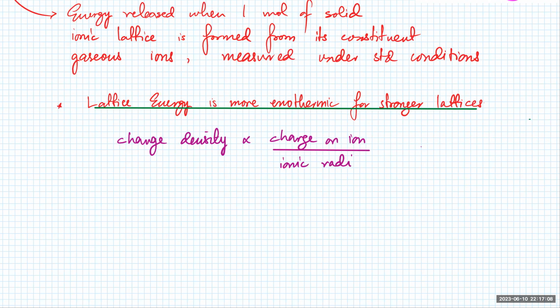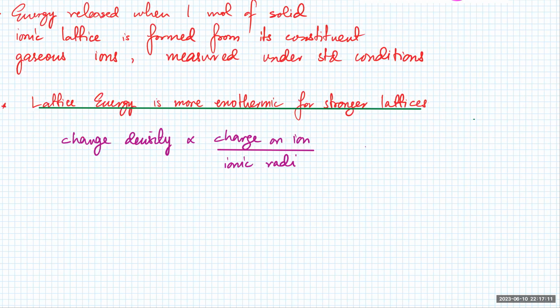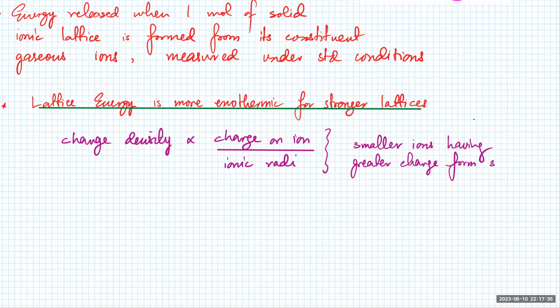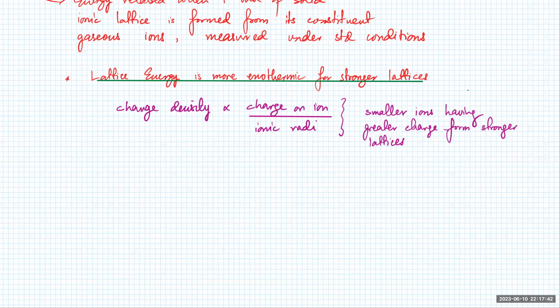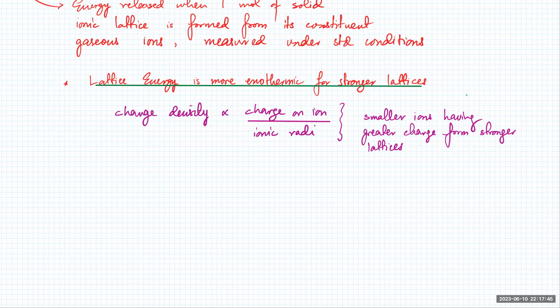So if you sum this up, smaller ions having greater charge are going to form the strongest lattice. Is this part clear? Yep.